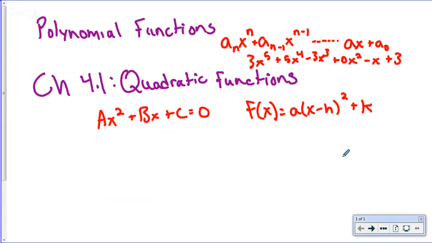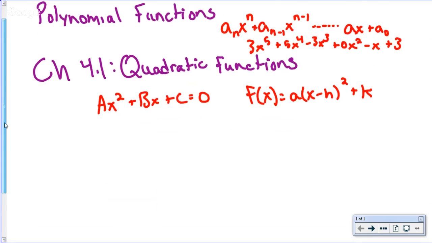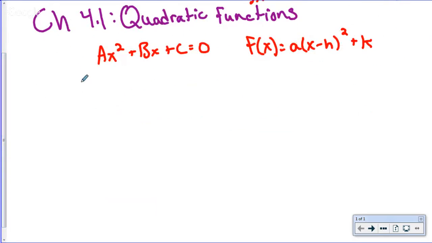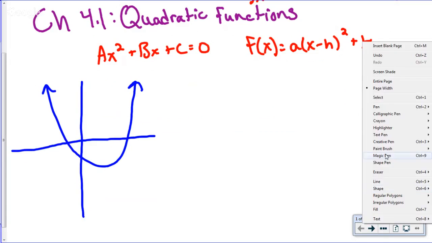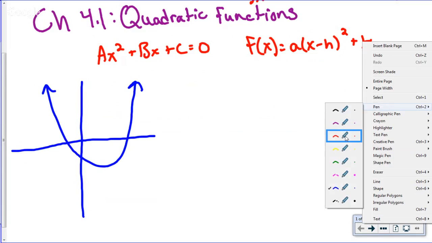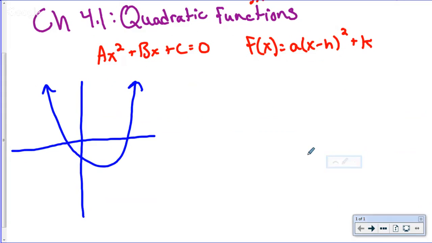There are some things we want to note about a quadratic. A quadratic is a parabola, so it looks something like this. There are some parts here that we want to talk about.